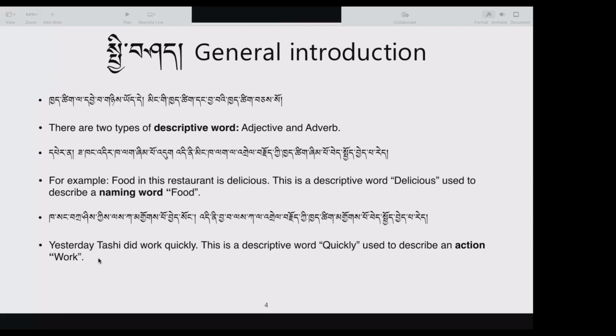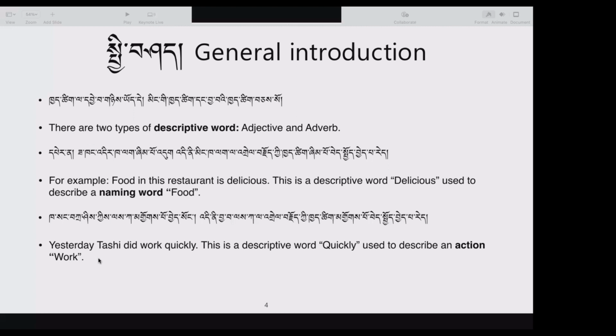So here quickly is an adverb, that is chawe ketsik. It is a descriptive word of action. It shows the mannerism of action, how Tashi did his work. So it tells us that yesterday Tashi did his work quickly. So the descriptive word is quickly, chawe ketsik is quickly, and chawa is work.